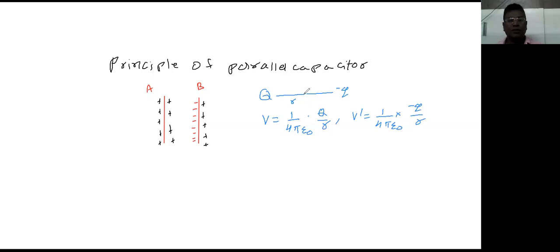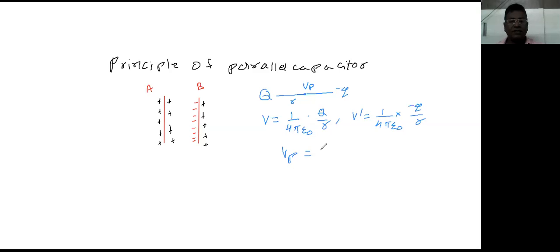So now the potential at the point P initially was 1 by 4 pi epsilon naught into Q by R. This was the original potential before this charge was brought. Now that the negative charge has come here, the net potential at P would become V plus V dash.